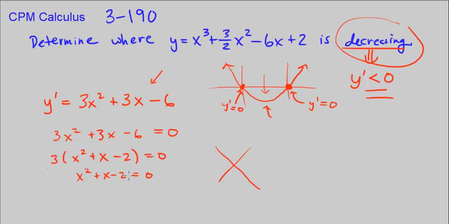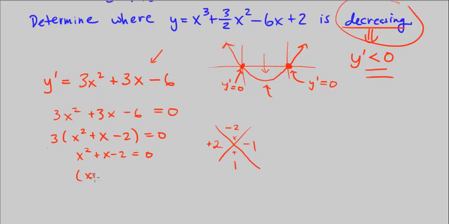Then I can look, well, what terms can I multiply to get negative 2 and add to get 1? I'm using the x method to factor this. 2 and negative 1 multiply to get negative 2 and add to get positive 1. So that means we could factor this to be x plus 2 times x minus 1.